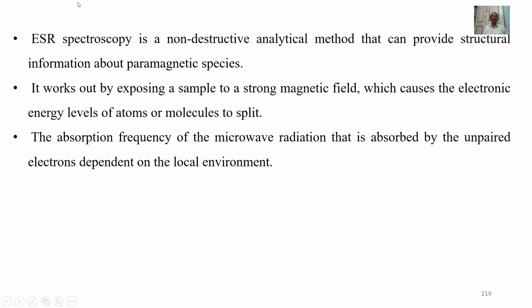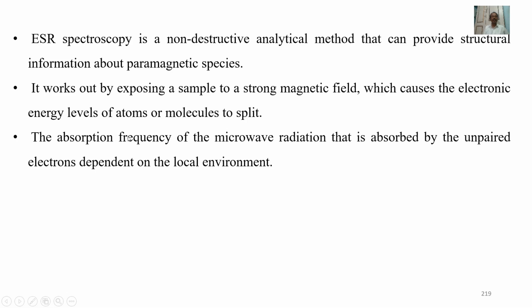ESR spectroscopy is a non-destructive analytical method that can provide structural information about paramagnetic species. It works by exposing a sample to a strong magnetic field, which causes the electronic energy levels of atoms or molecules to split.